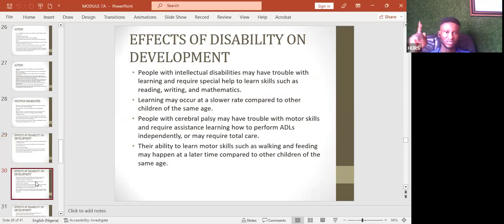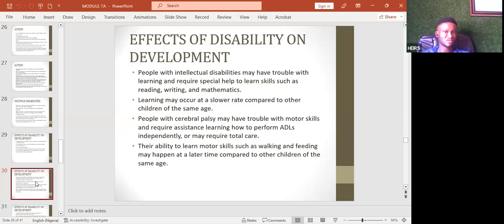So the first effect is what? Learning impairments. They have trouble with learning and require special help to learn skills such as reading, writing, and mathematics. You see those children who have difficulties in learning, they don't just go to a random school, because random schools don't pay special attention to those cases. These children can be intelligent, but they can't learn like a regular person would.